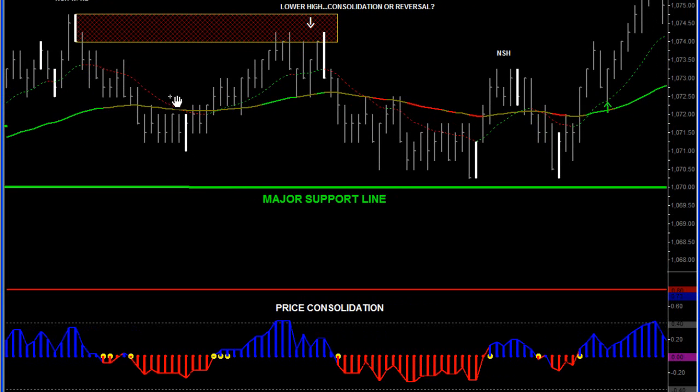Having perhaps bought some down here, you're looking at the prior pivot level as a target zone. Prior levels are always targets. You notice here it's a lower high. Is it a consolidation or reversal? Most of the time, they're assumed to be consolidations unless the lower demand pivot zone gets broken.